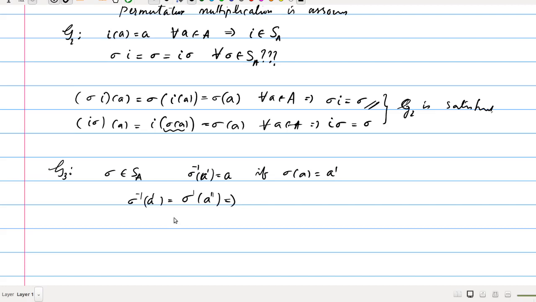I'll write this as A1 prime and A2 prime. So this will be sigma inverse of A1 prime and sigma inverse of A2 prime.